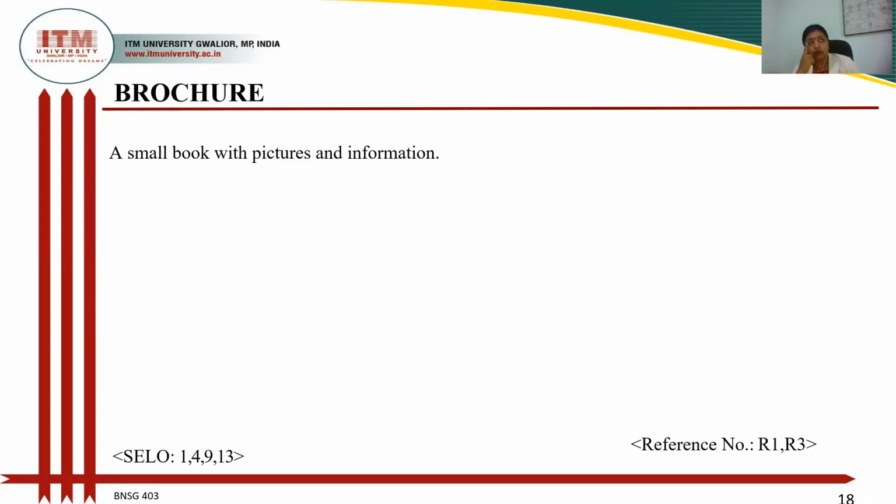In awareness programs, we can make brochures. In that one, we can write what the disease is, how it is spread, how we can prevent it, what the prophylactic measures are. So in order to educate the people or the students or the learners, we can prepare a small booklet form and give it to the student.